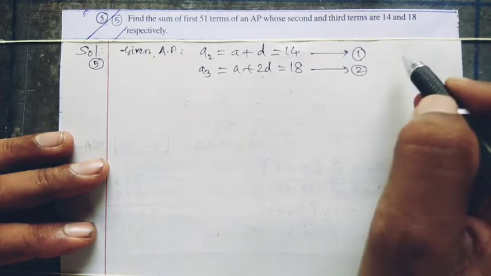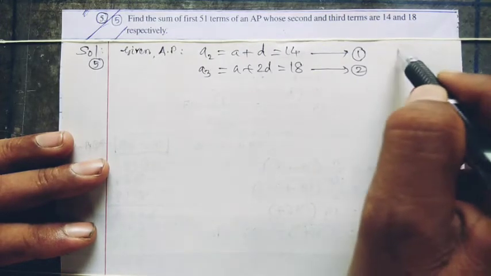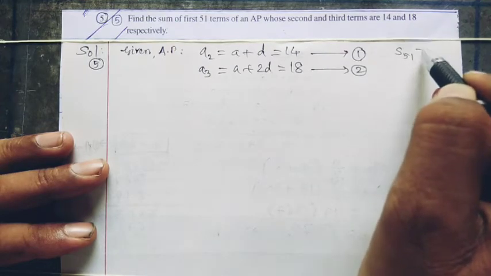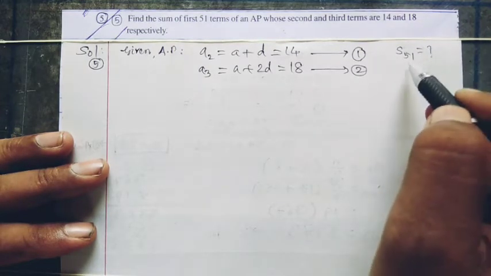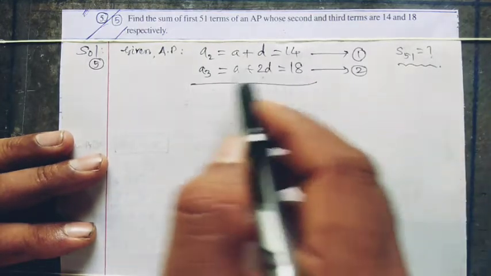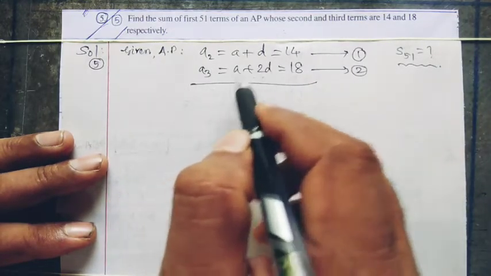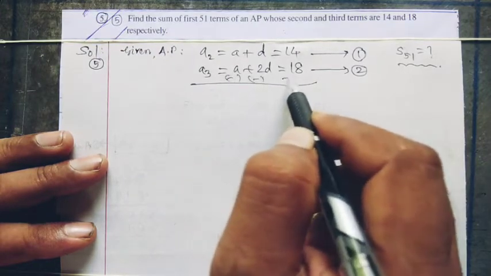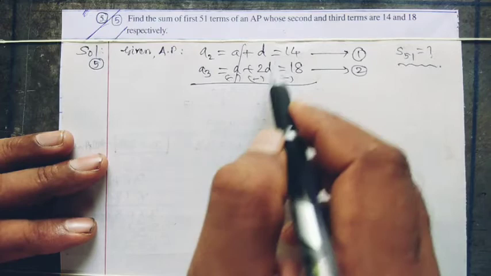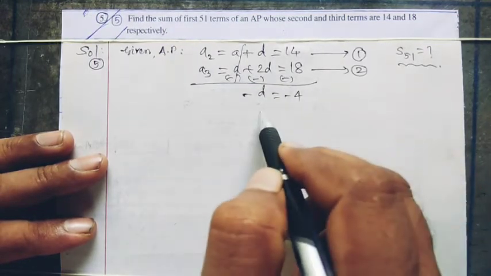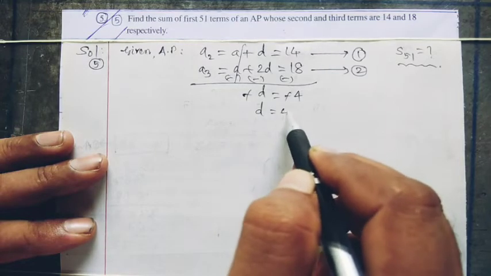Basing this, here asked to find sum to 51 terms. How much? This we have to find. Solving these two equations, while subtracting, we have to change the signs. This will cancel. Minus D is equal to minus 4. D is equal to 4.